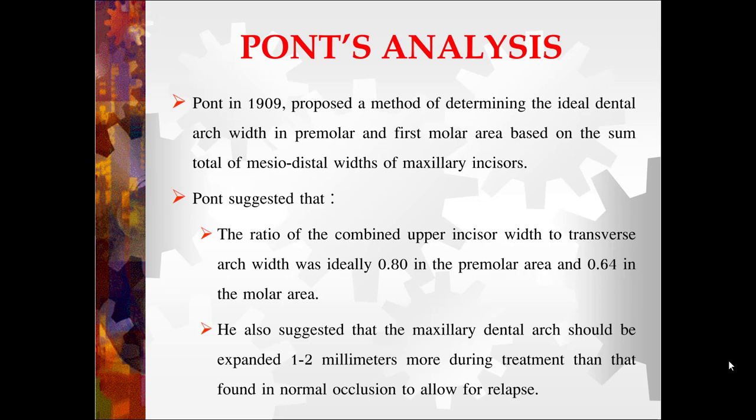He suggested that the ratio of combined upper incisor width to the transverse arch width was ideally 0.80 in premolar area and 0.64 in the molar area. He also suggested that the maxillary dental arch should be expanded 1 to 2 millimeters more during the treatment to avoid relapse, that is the overcorrection.